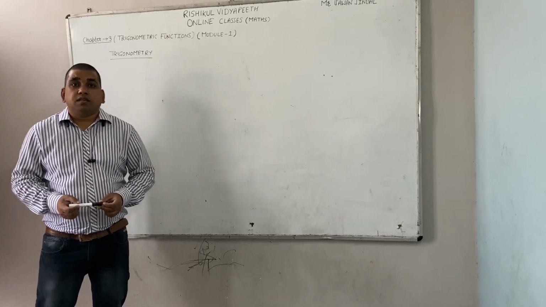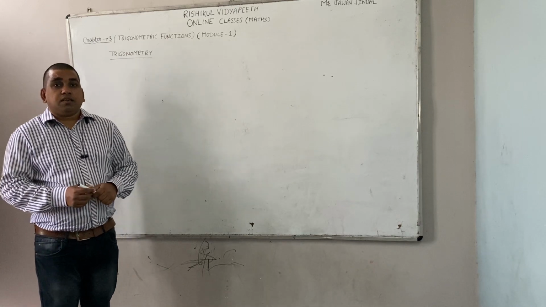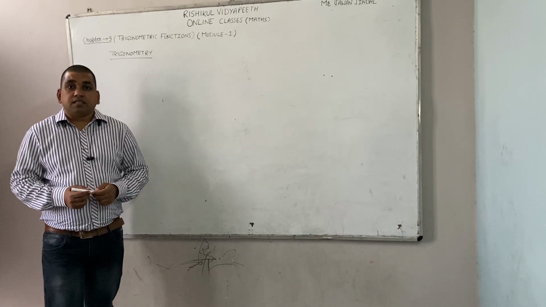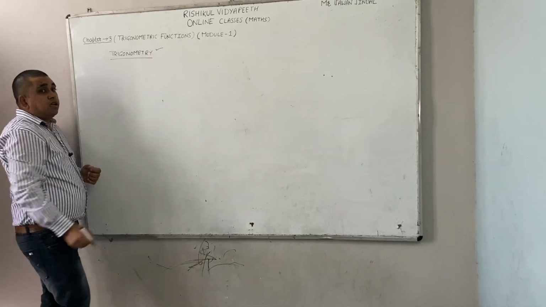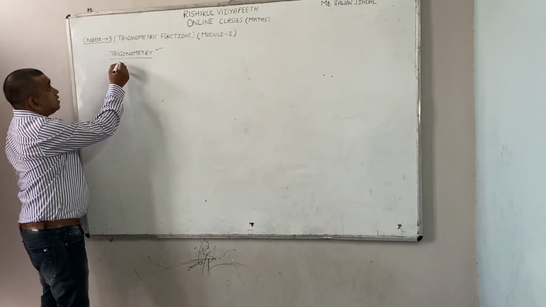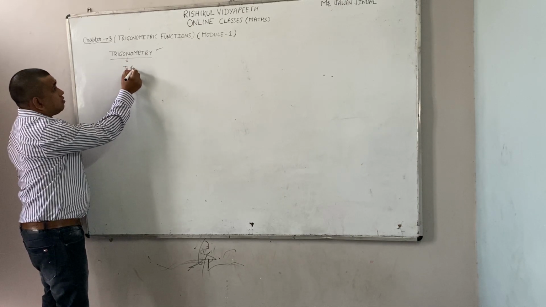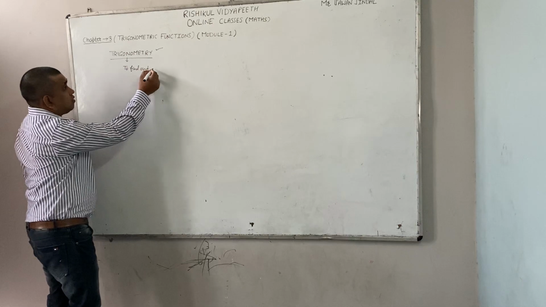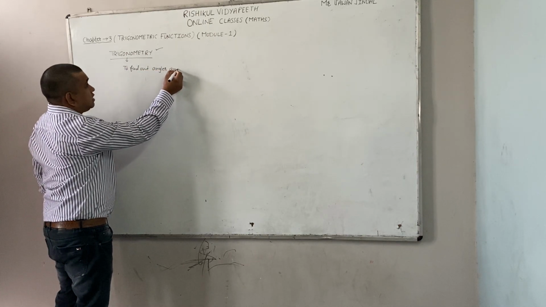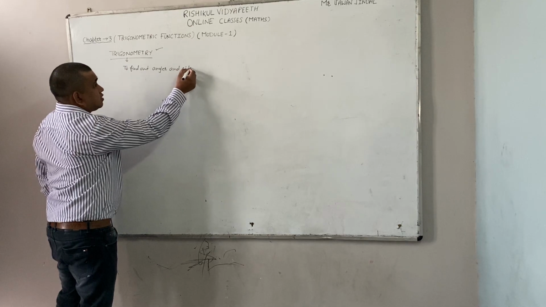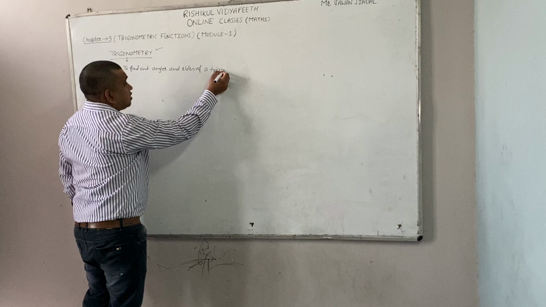Before we start this chapter, you must know about some basic things which you have learned in class 10, that is your trigonometry. Trigonometry means to find out angles and sides of a triangle.